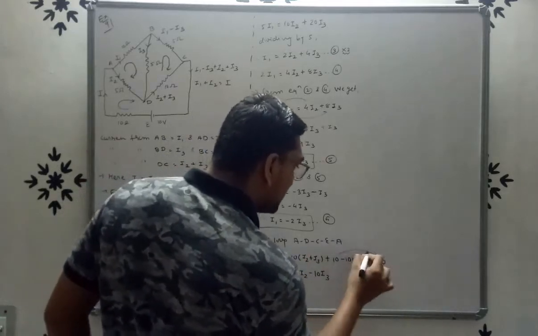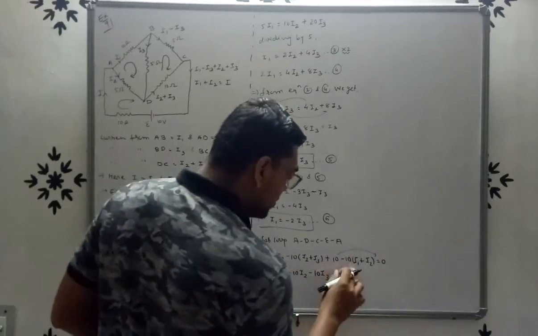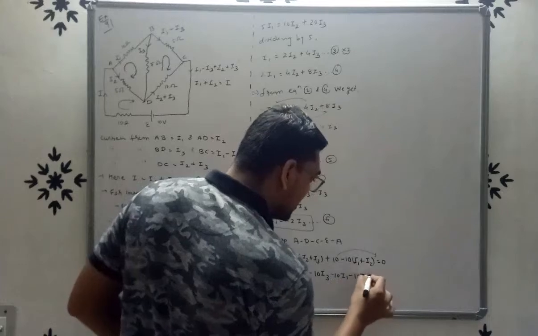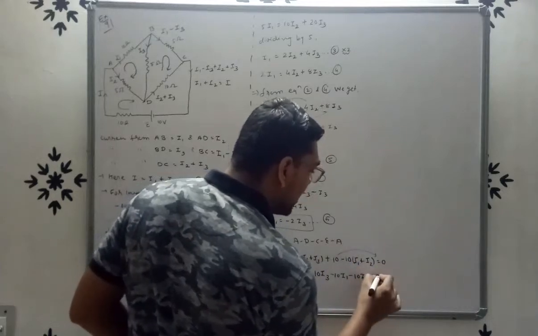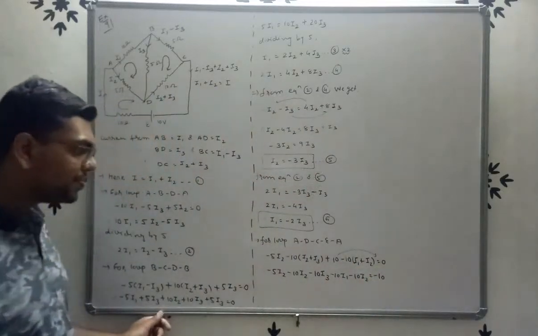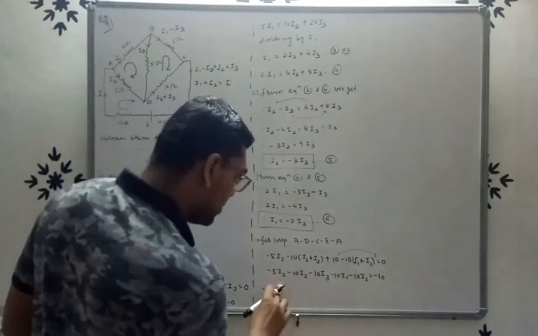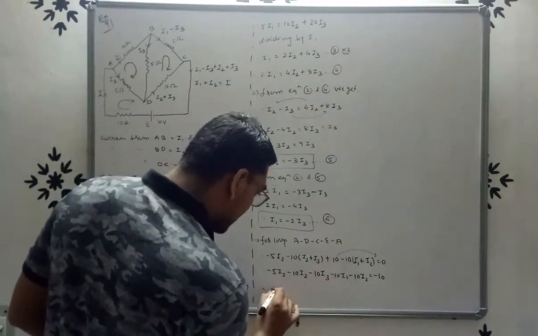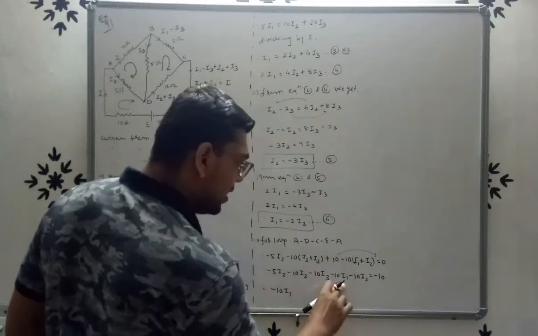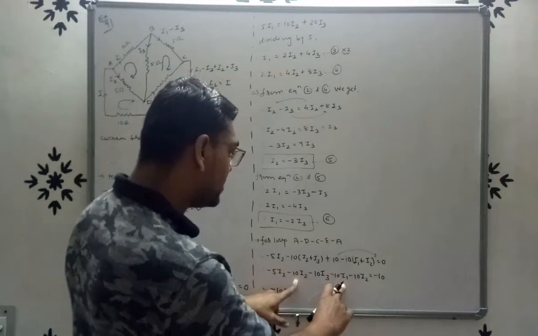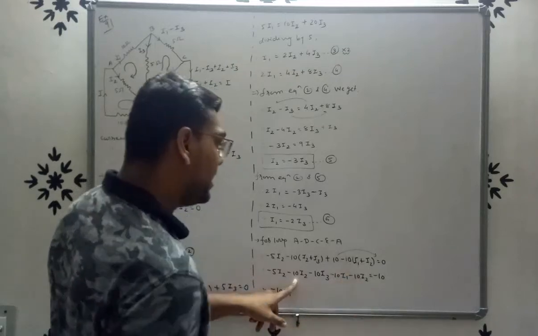Here we take this plus 10 to the right hand side. So minus 10I1 minus 10I2 is equal to, this plus 10 goes to the right hand side, so minus 10. So here we get minus 10I1, then I2 minus 5 minus 10, minus 15I2, minus 10.